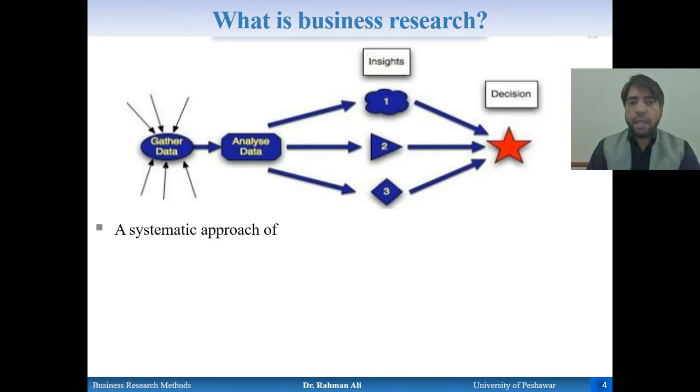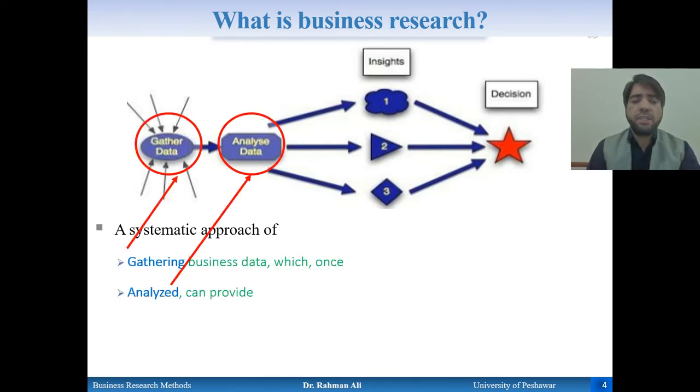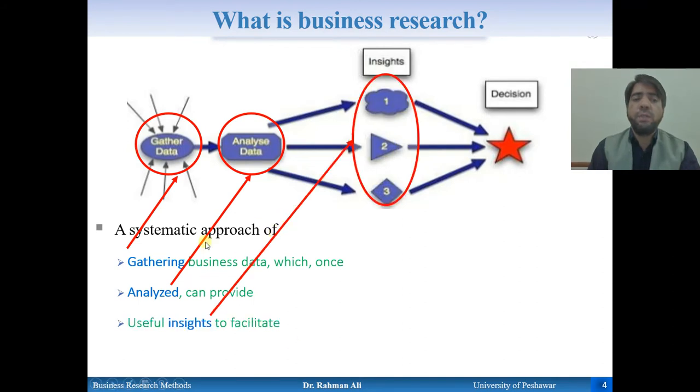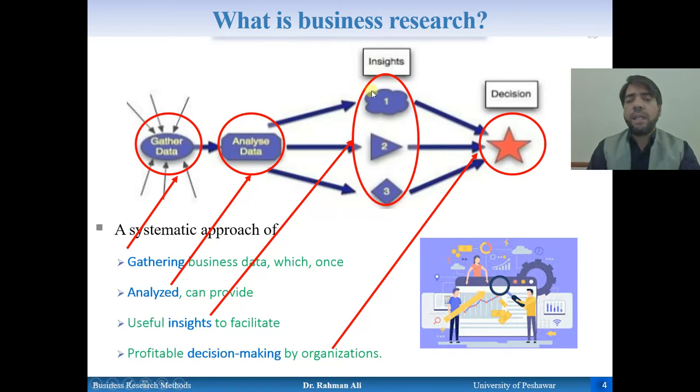In the first lecture, we covered what business research is. Here is a quick recap: business research is a systematic process in which we take the data, then we analyze this data, and after analysis we get the results, and based on those results we make a decision.